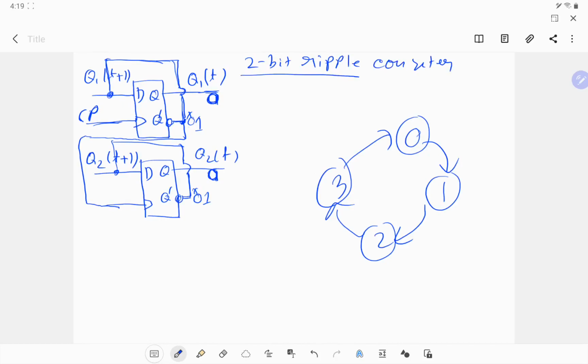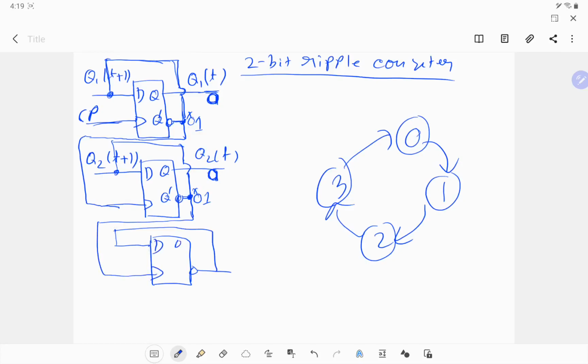Now if we want to make a 3-bit ripple counter, that process is easy. We only need to add another flip-flop here, and the input of the flip-flop is connected to the reverse of the output, and also that guy comes as a clock pulse.